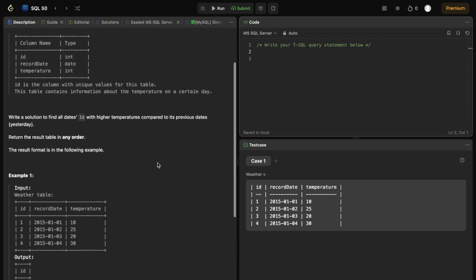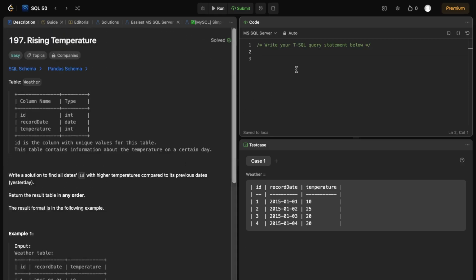So let's start writing the query. Select ID from. In this question, we have to compare two dates, but we only have one table, so we'll have to perform a self join.